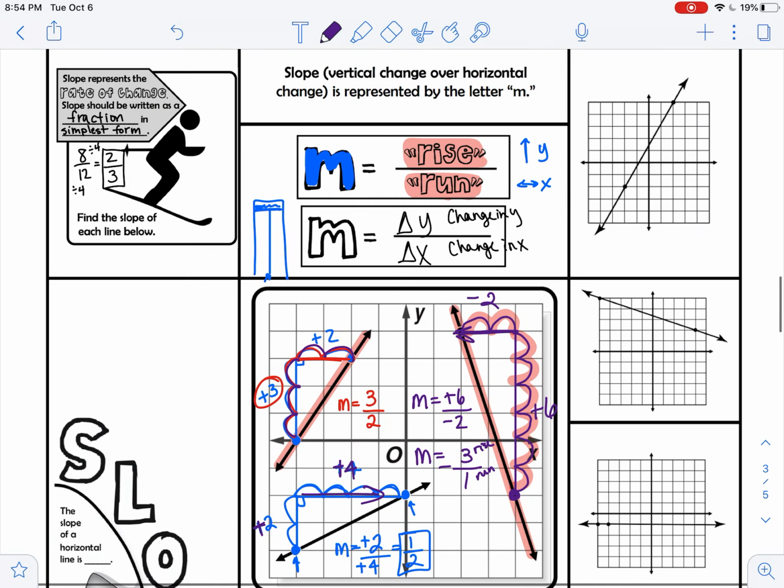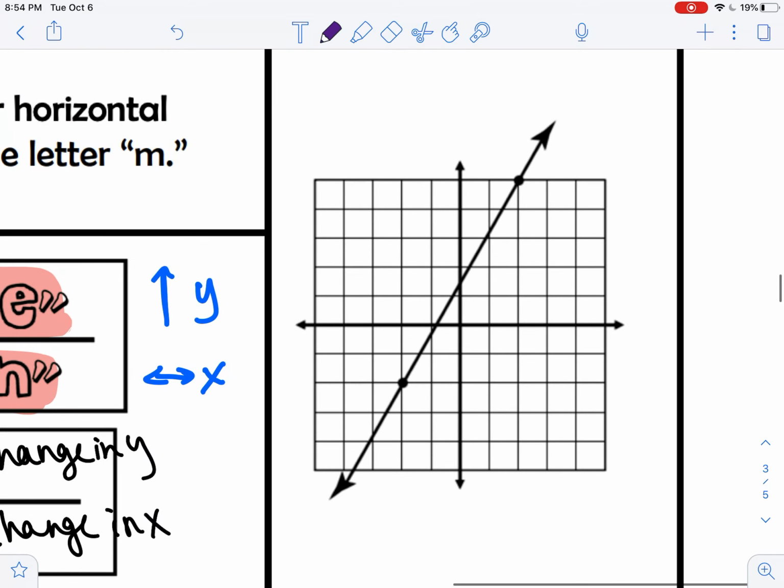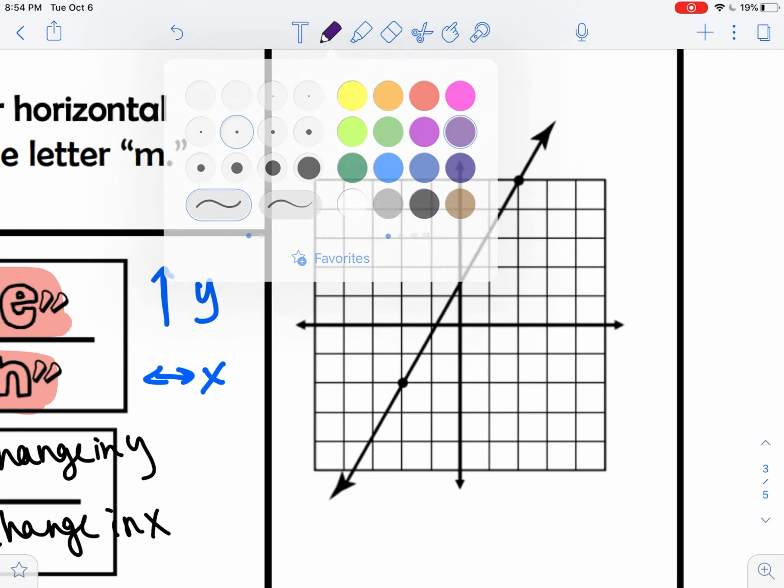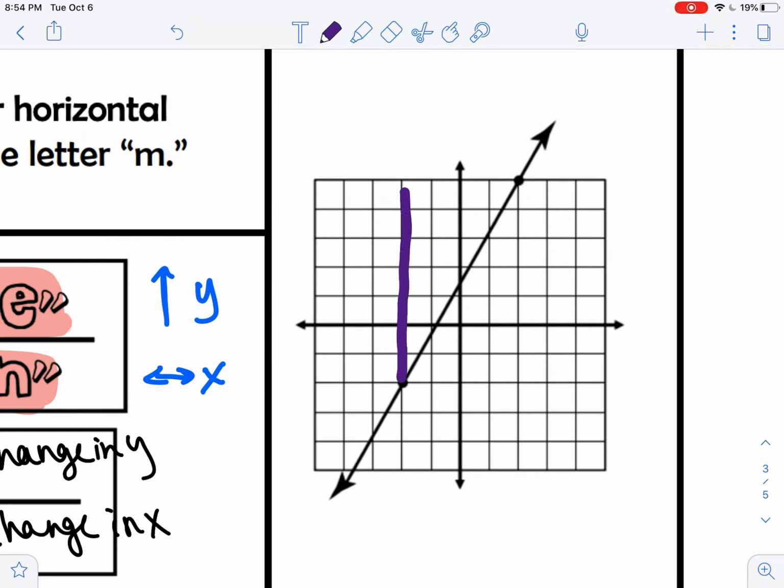So let's take a look at, say, this one over here. If you notice, I've already got points listed. So all you have to do is come over here and create your right triangle. So let's do that. I'm going to go all the way up to the top of my dot and then all the way over. And then we count 1, 2, 3, 4, 5, 6, 7.